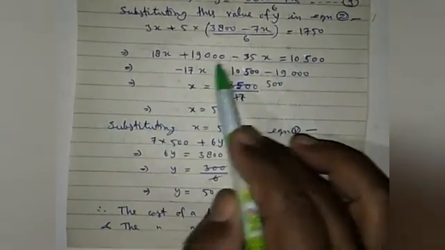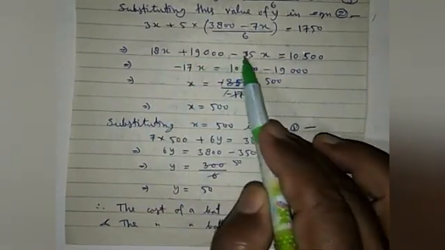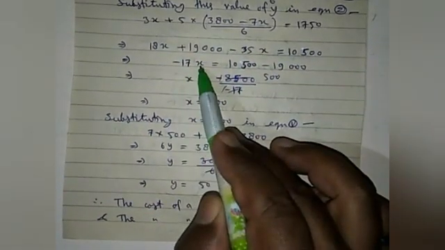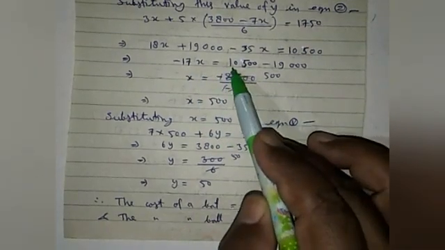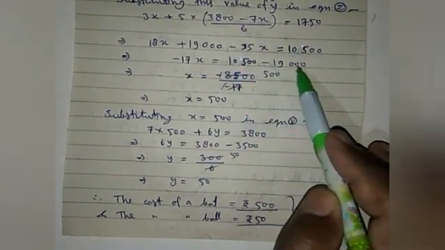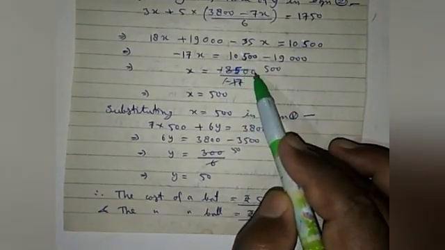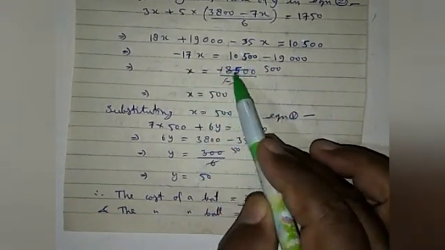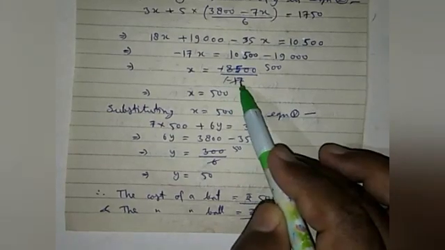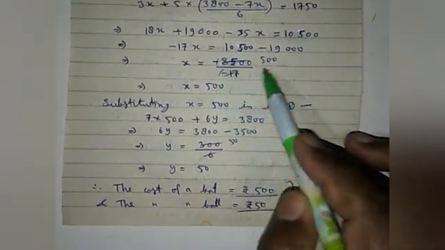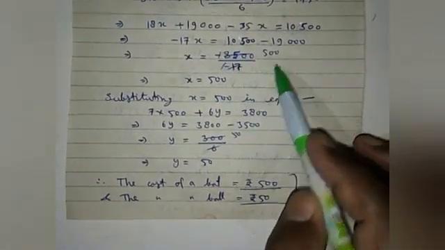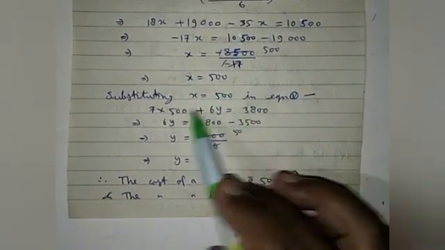So we have 18x minus 35x, which is minus 17x, equal to 10,500 minus 19,000. So it is equal to minus 8,500. So x is equal to minus 8,500 divided by minus 17. Minus minus is cancelled out. So x equals 500.